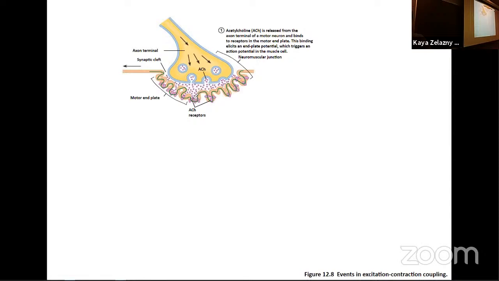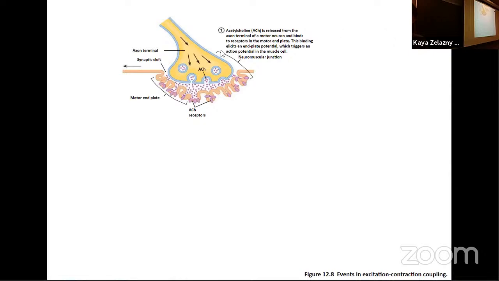When these cholinergic receptors bind the acetylcholine, this causes what we call an end plate potential, an EPP. EPP is a depolarization. Would this be excitatory or inhibitory? It's always excitatory. Actually, always big enough that it causes the muscle cell to contract. So we don't have to add up graded potentials like we did for neurons. When we get the signal, we're going to contract.